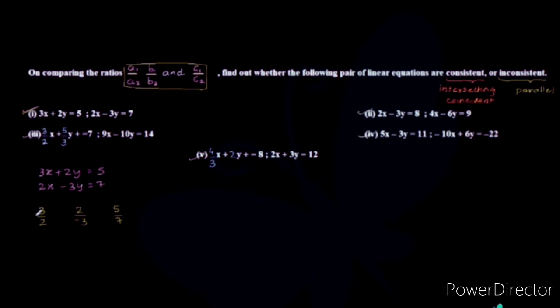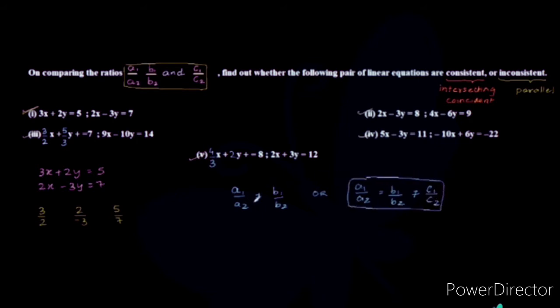Now you see whether either of the following conditions is fulfilled. Either a1 upon a2 is not equal to b1 upon b2. I think you know that case. That's for intersection. Or you could have a1 upon a2 equals b1 upon b2 not equal to c1 upon c2. That's for the parallel case.